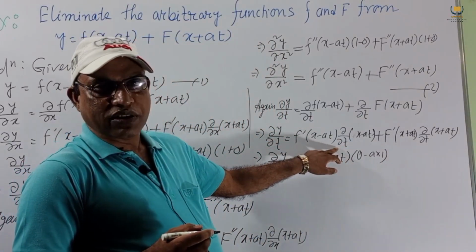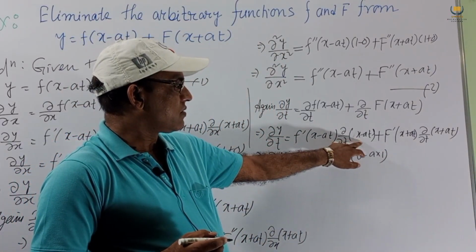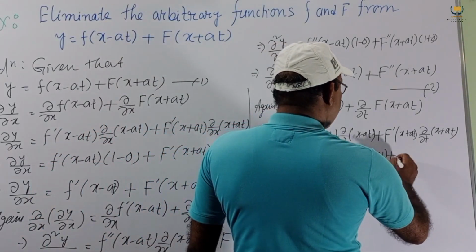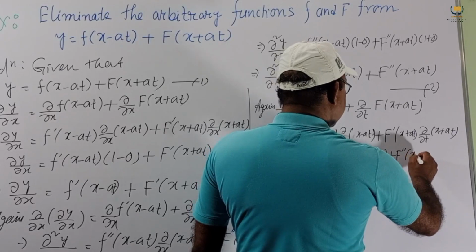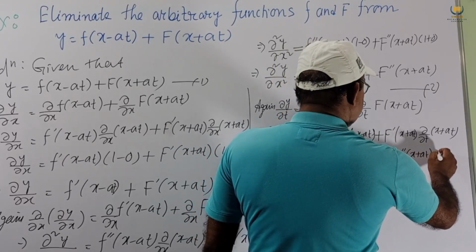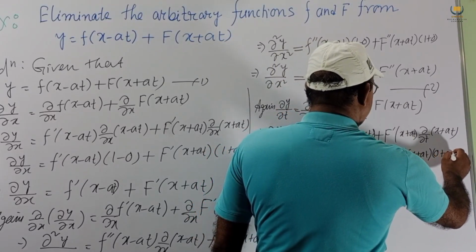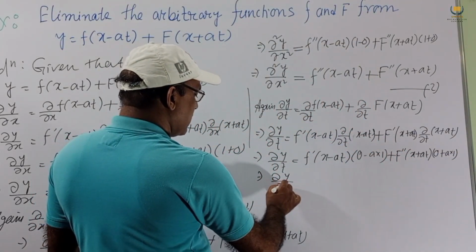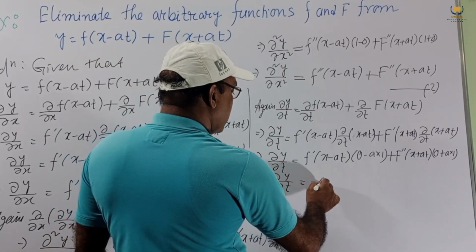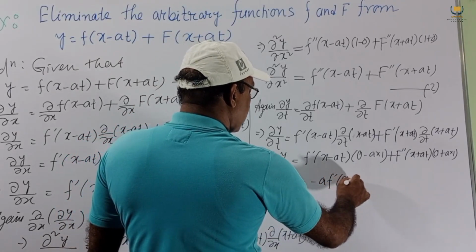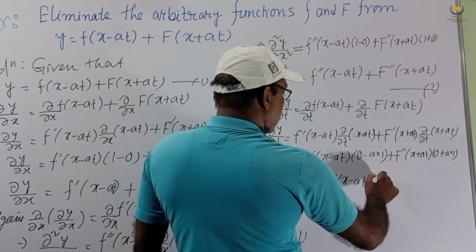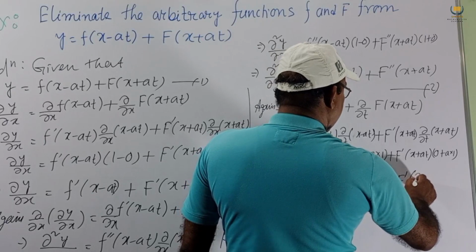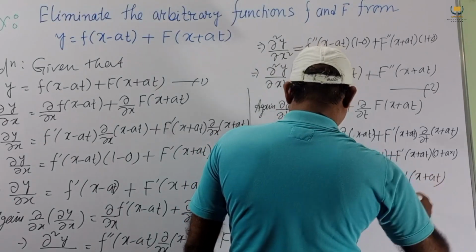We differentiate partially with respect to t, so x is 0 and a is a constant outside ∂t/∂t = 1. And here also we get F'(x + at)·(0 + a·1). Ultimately we get ∂y/∂t = −a f'(x − at) + a F'(x + at). We get this.